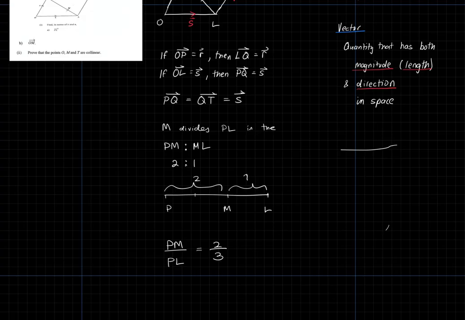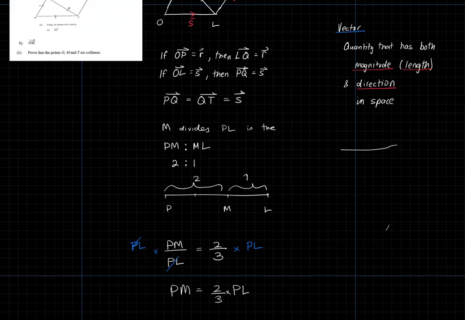Then if we multiply both sides by PL, PL cancels, and then we have PM is equal to 2/3 PL. Does that make sense that PM here is 2/3 of PL? Yeah, that's about right.